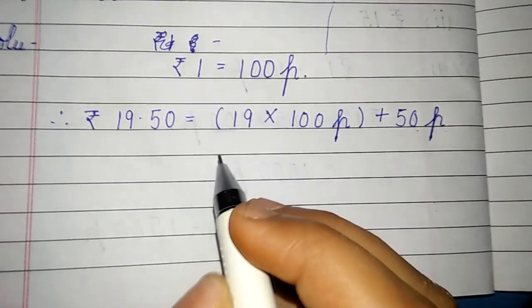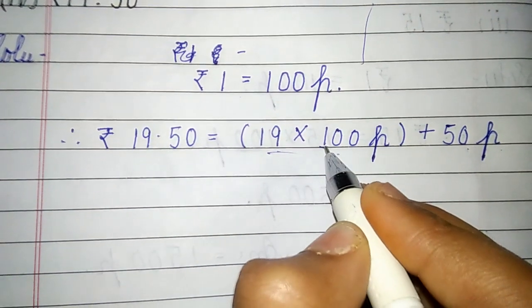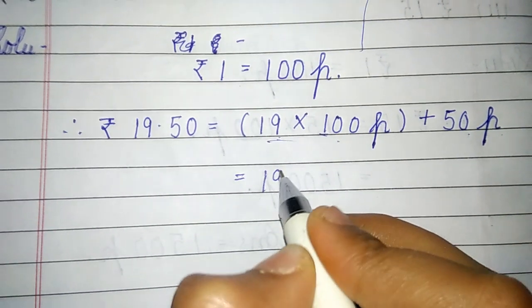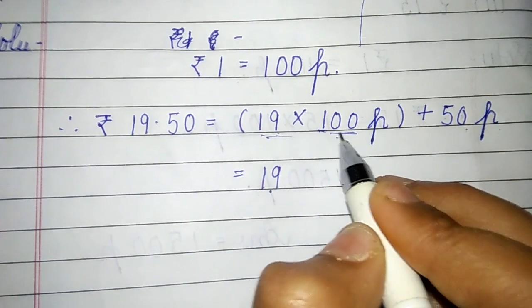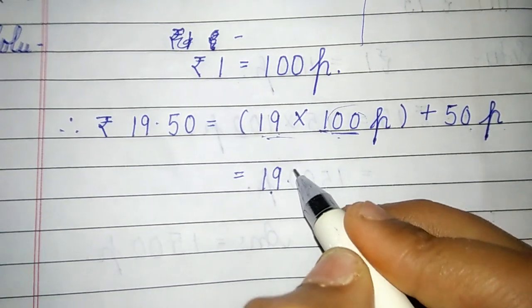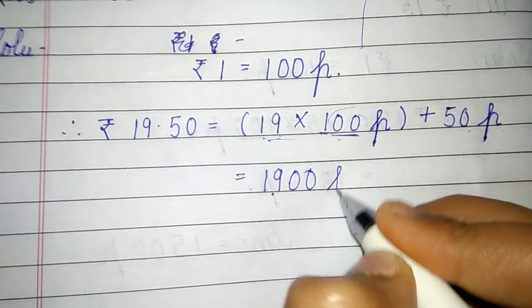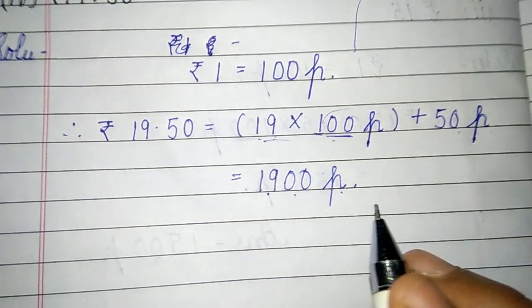Clear? Now we will multiply 19 by 1. 19 ones are 19. Here there are 2 zeros, so we will put 2 zeros here. Answer: 19 hundreds paise.